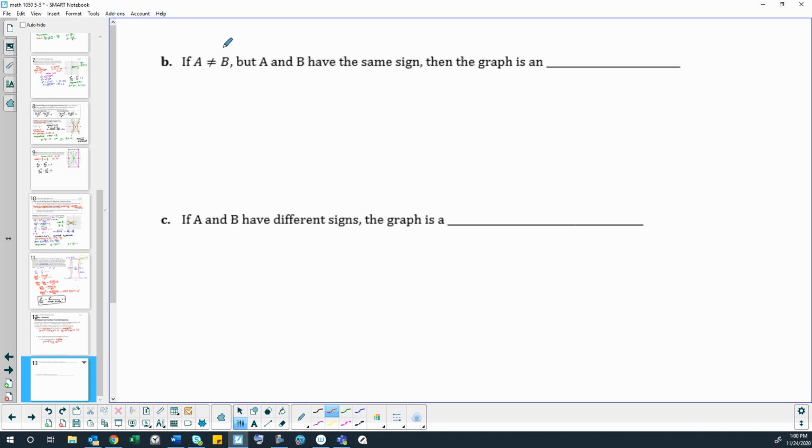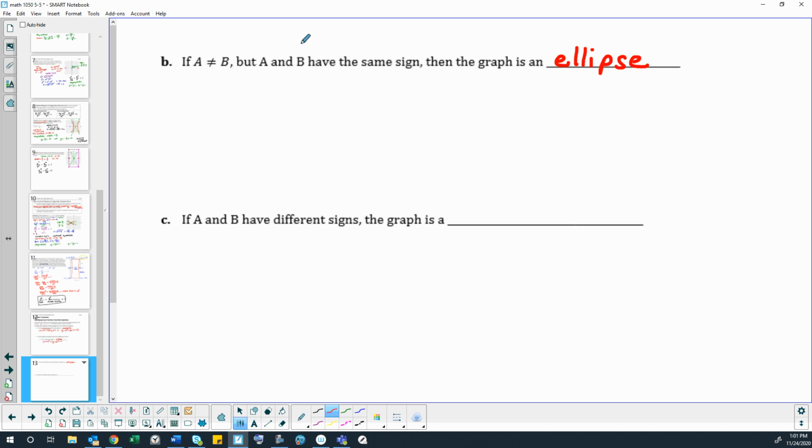If a is not equal to b, but a and b have the same sign, so they're both positive different numbers, or both negative different numbers, then the graph is an ellipse. And the reason they can just be either both positive or both negative is if you factor out the negative, then you've got just the two positives left, which is what defines an ellipse and makes it different than a hyperbola.